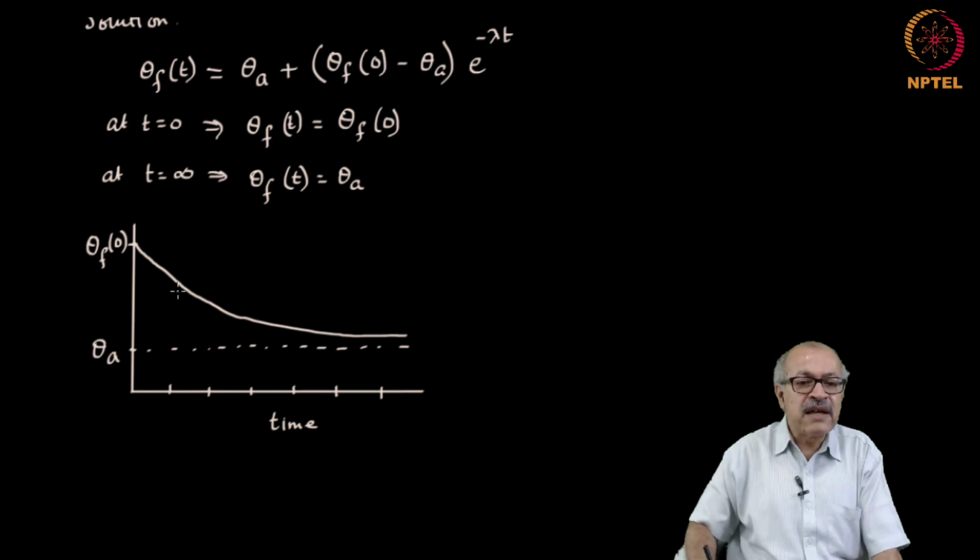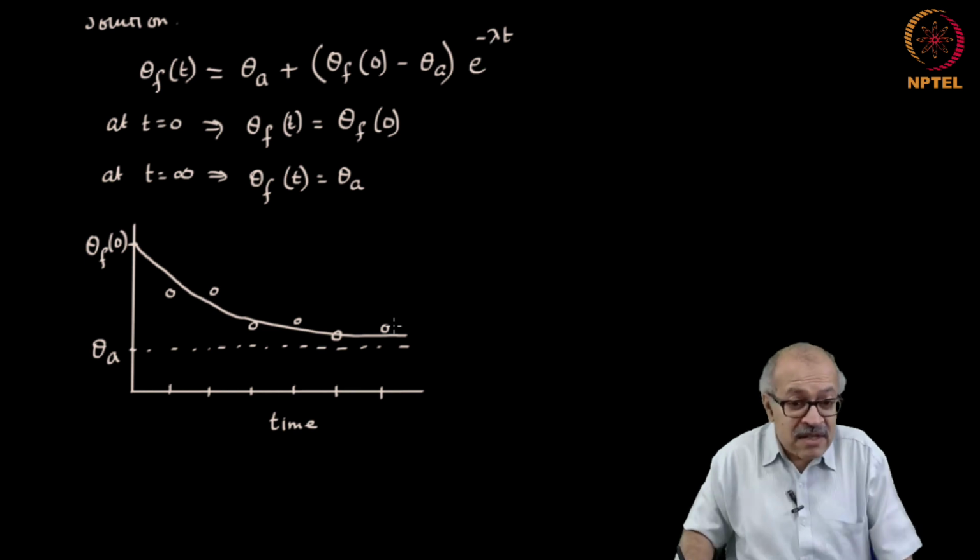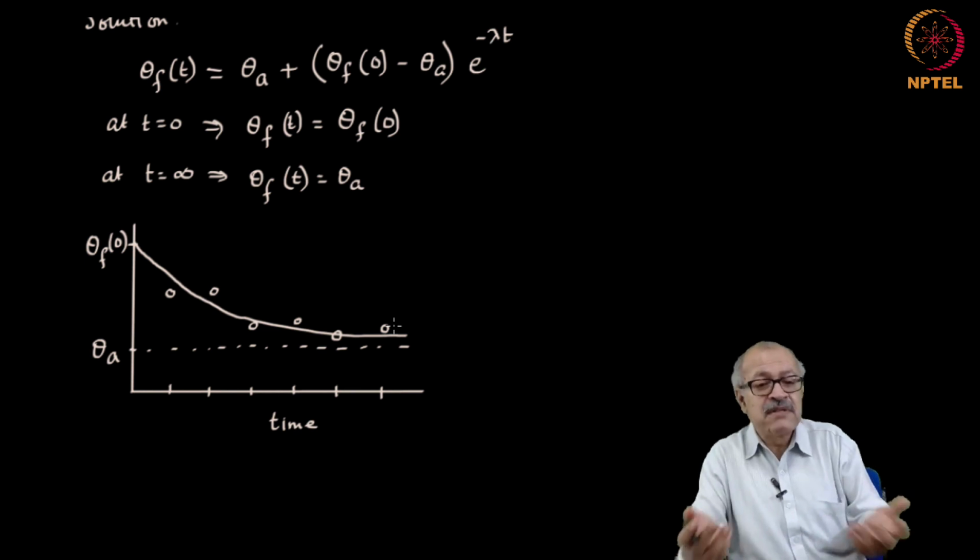And suppose I get values like this. Something like this. The question is, is that representative?